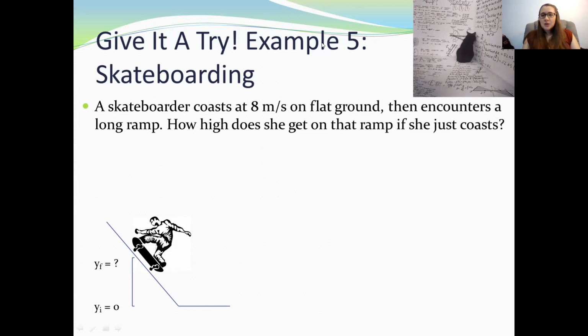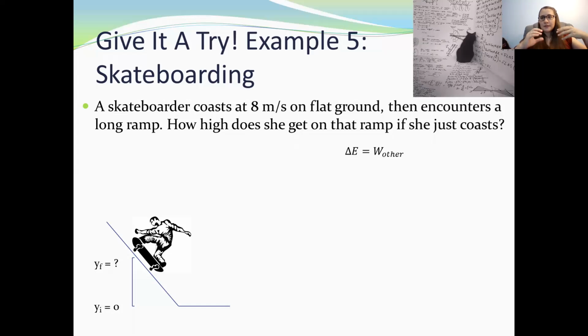All right. So as you saw in the examples last week, when we're dealing with energy, remember energy and work are related to each other through the work energy theorem. The work energy theorem tells us that the amount of work done on an object or by an object is equal to the change in kinetic energy.